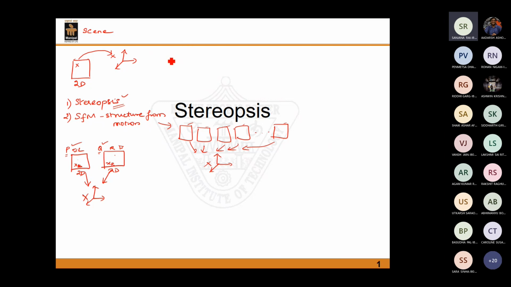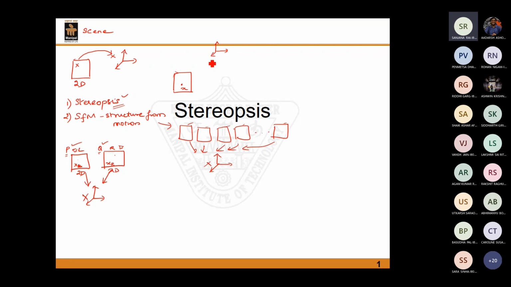So I'll just explain this further. Let's say you have only one image over here, right? This is my 2D image, and let's say this is some point which I am considering. It's a 2D point that I have, and my 3D point lies somewhere over here in the coordinate system.